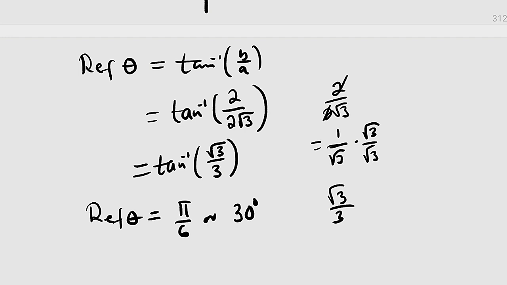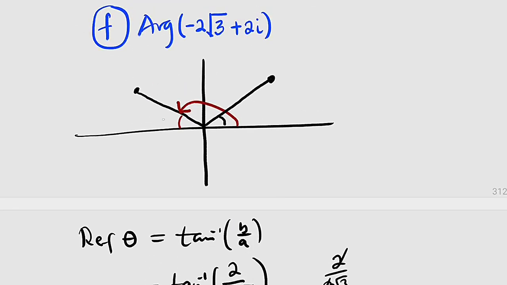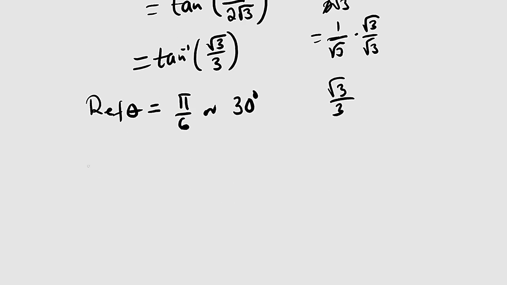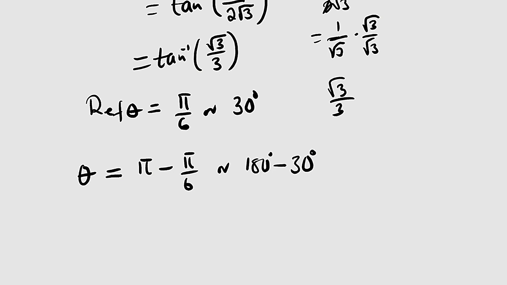But remember that this is not the angle we are looking for. It is just the angle here, which is very close to 180. So because it is 30 degrees less than 180, we are going to subtract it from 180 just to get the angle at the back. So the angle theta will be equal to pi minus pi by 6 or 180 degrees minus 30 degrees.